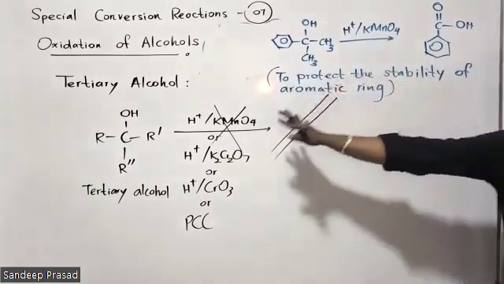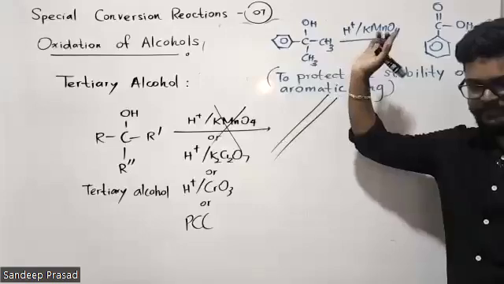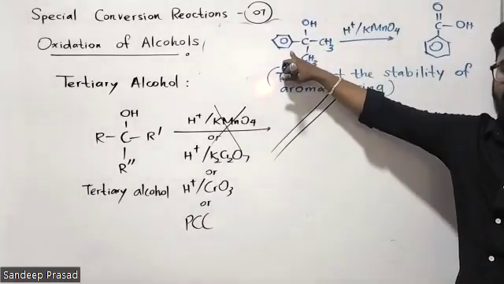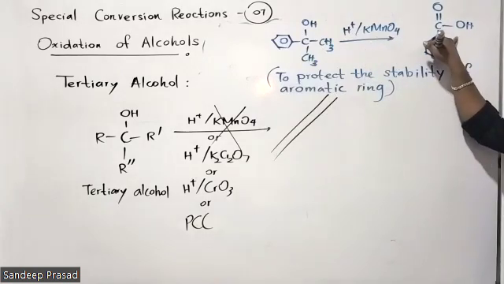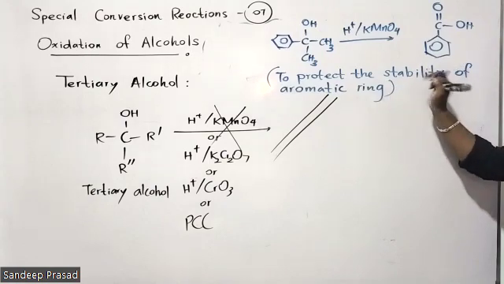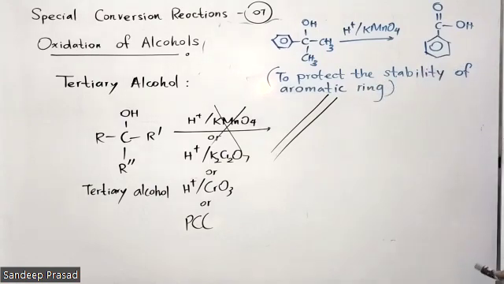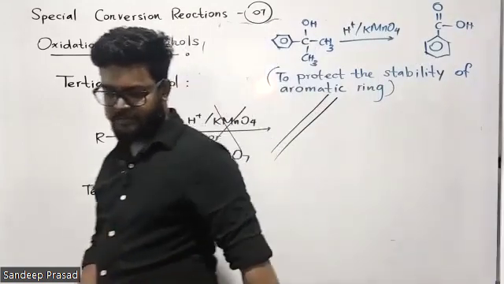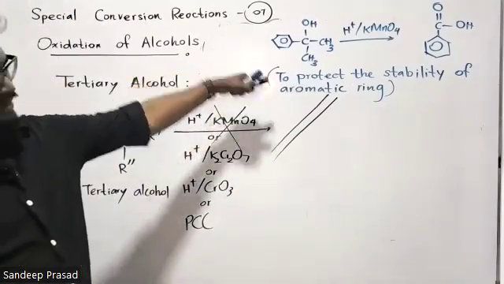Otherwise, tertiary alcohols won't oxidize. That's what you have to remember. If they have given a tertiary alcohol containing benzene, then you can write benzoic acid, a type of carboxylic acid, to protect the stability of the aromatic ring. Note that and write that one down also.